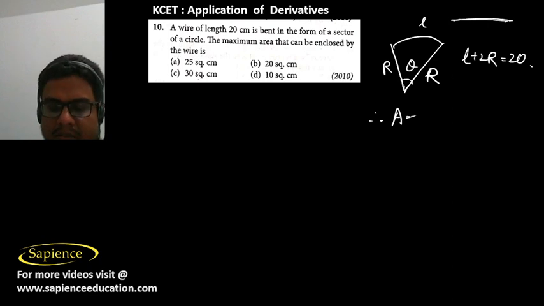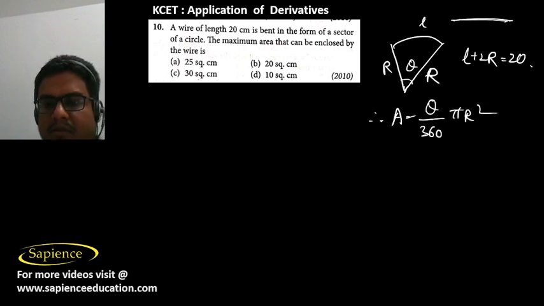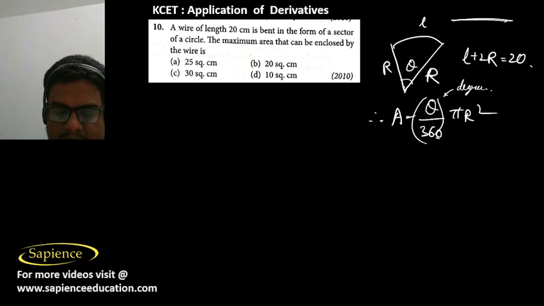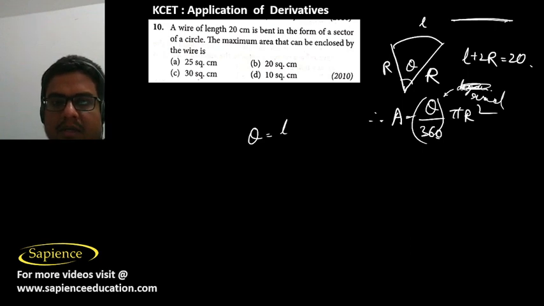Area of this sector is theta by 360 into pi r square, if theta is in degrees. If I take theta in radians, theta is equal to L by R.